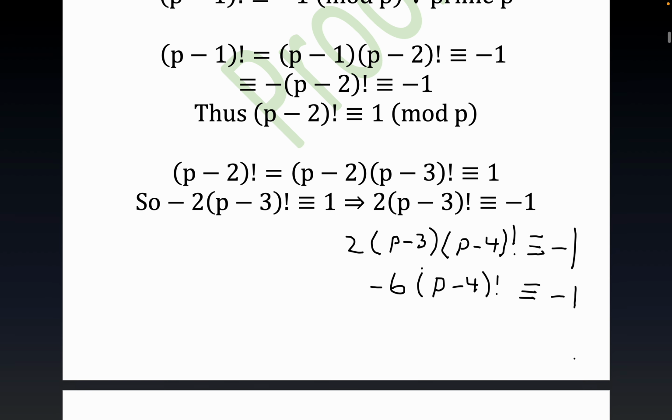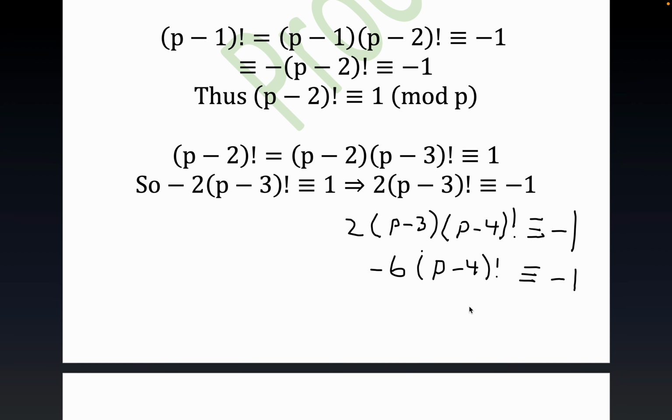And so right here the minus signs cancel, and you would still have 6 times p minus 4 factorial.